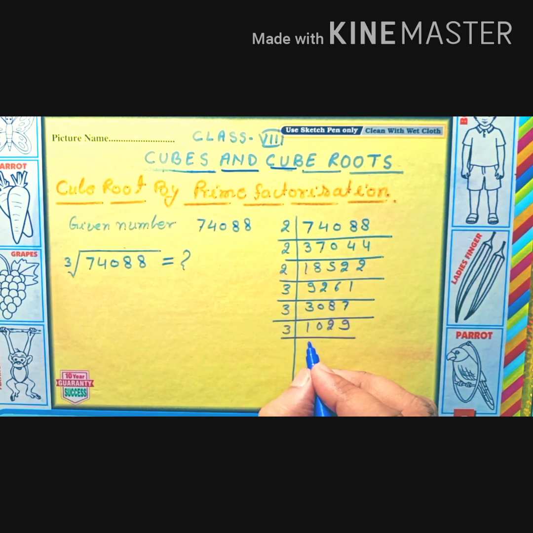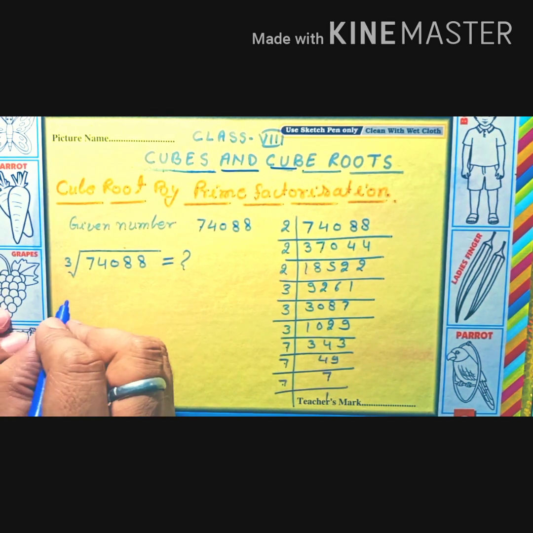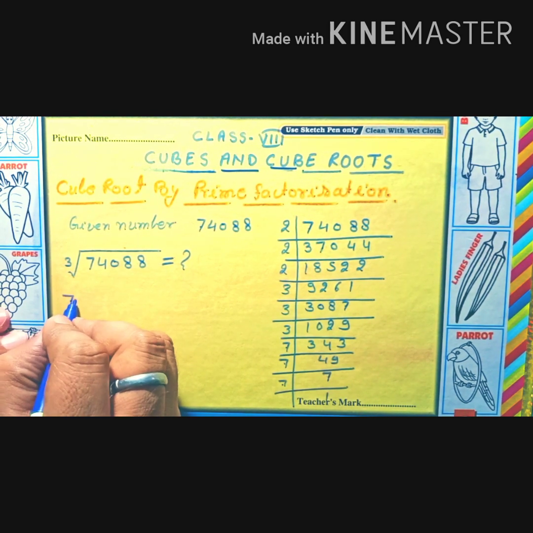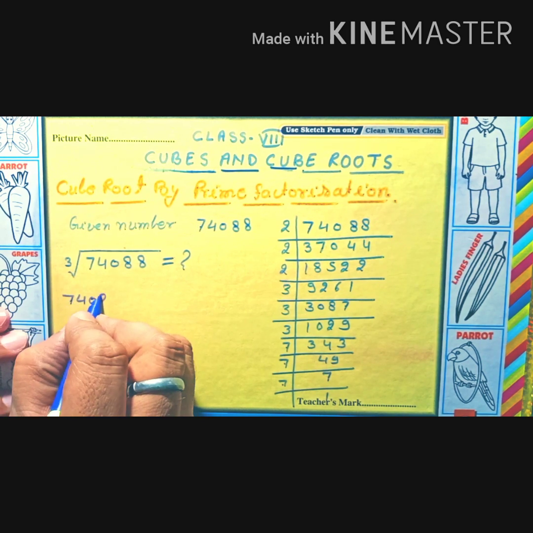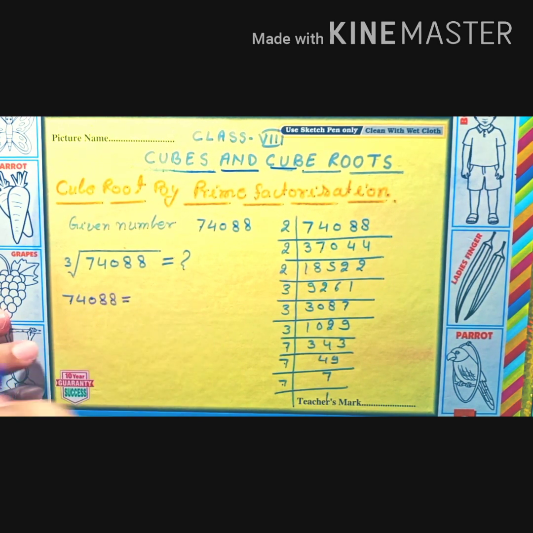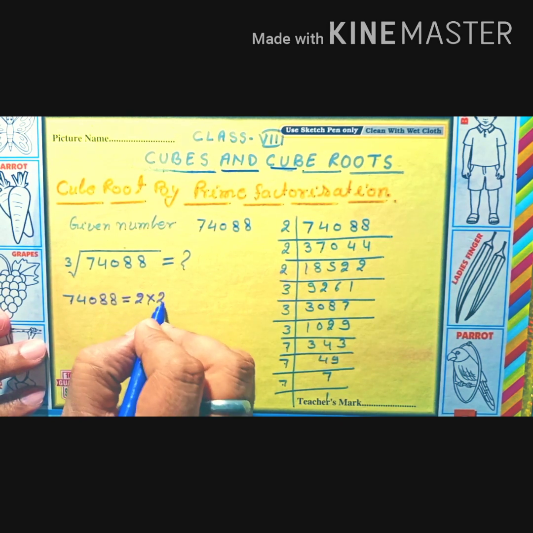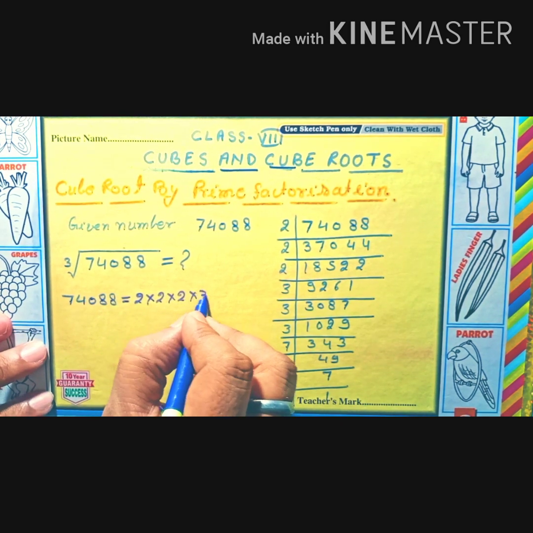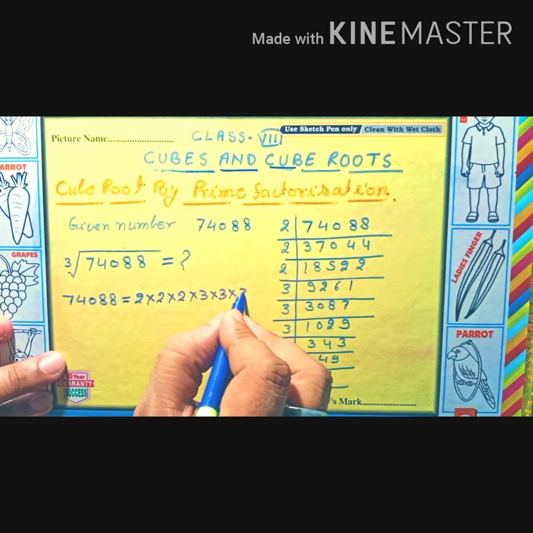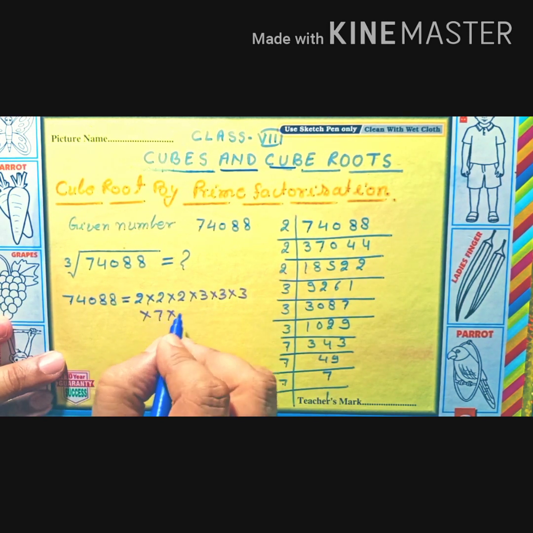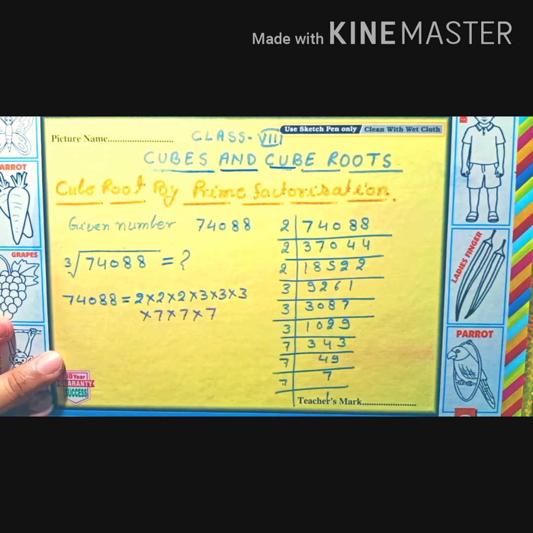Again 3. Now 7. Now 7. Now 7. So 74,088 is equal to 2 into 2 into 2 into 3 into 3 into 3 into 7 into 7 into 7.